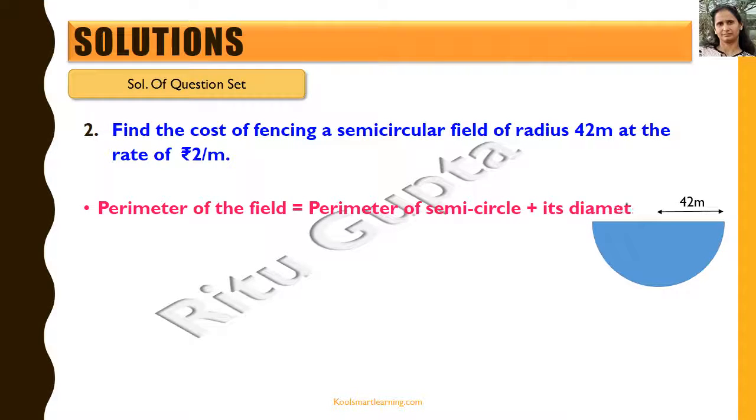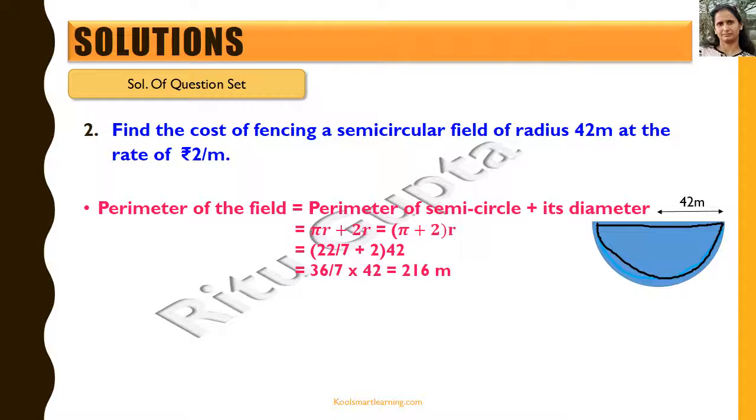So perimeter of the field, it is important to note here, is perimeter of this semicircle plus the diameter of this semicircle, which becomes pi r plus 2r, which is pi plus 2 into r, and that we get as 36 by 7 into 42, which is 216 meters.